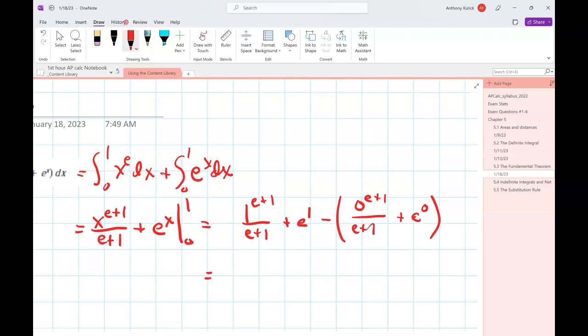So if I simplify this down, this is 1 over e plus 1 plus e minus 0 plus 1. How did 1 to the e plus 1 become just 1? Well, 1 to any power is just 1. Yes, that's very true.